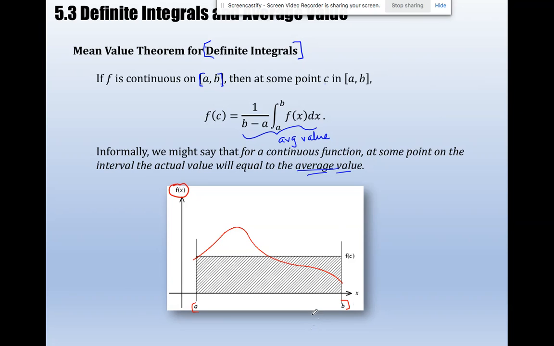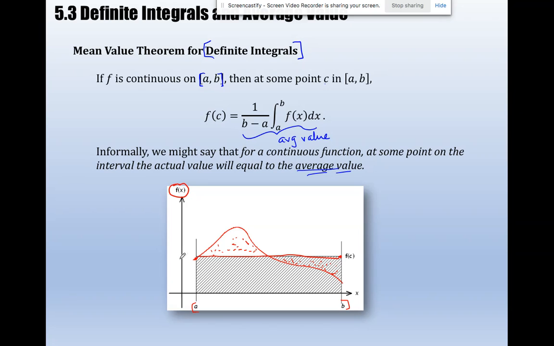If I had to estimate the average value, I would draw a horizontal line that starts at A and stops at B, guessing such that all the area above the rectangle but below the curve would fill in this piece that is above the curve but under the rectangle bar.